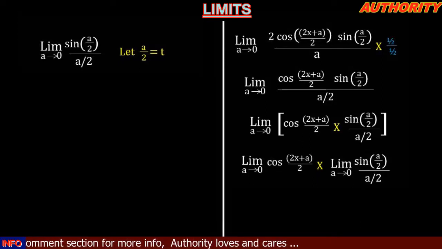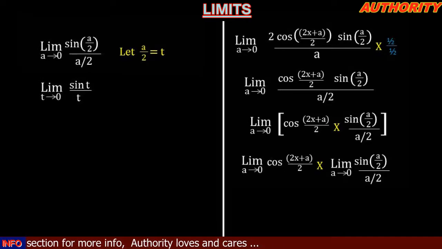So anywhere we see a all over 2, let's replace it with a letter t. And as we are replacing it with a letter t, our limit is no longer a approaches 0. It's going to be t approaches 0 because there is no longer a. You get it? Good.